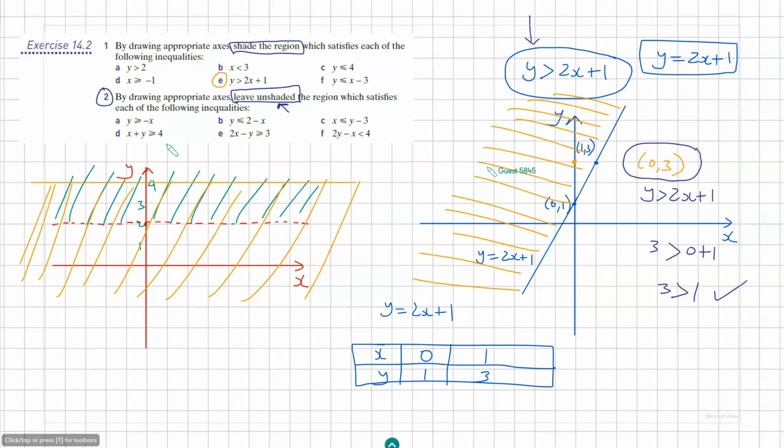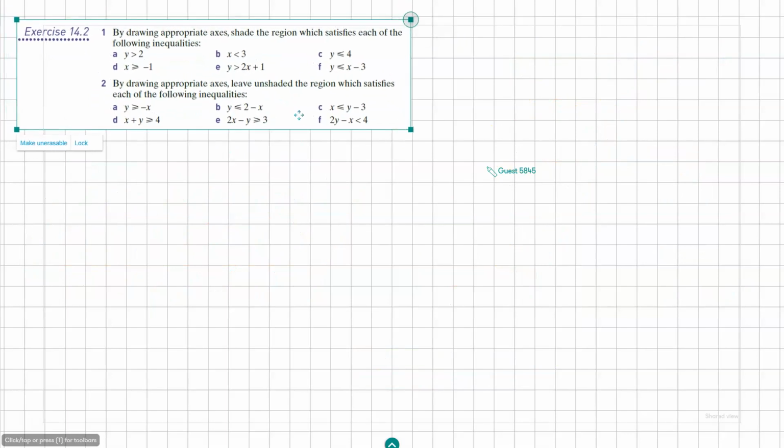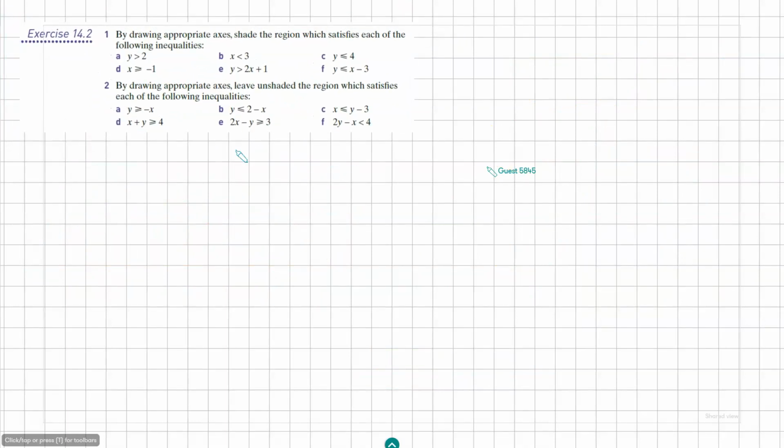Okay, let's do just one of these. Let's do E. So your inequality is 2x minus y greater than or equal to 3. Tell me, what should you do? Move 2x?